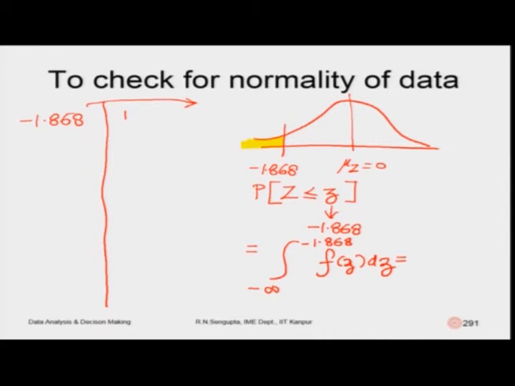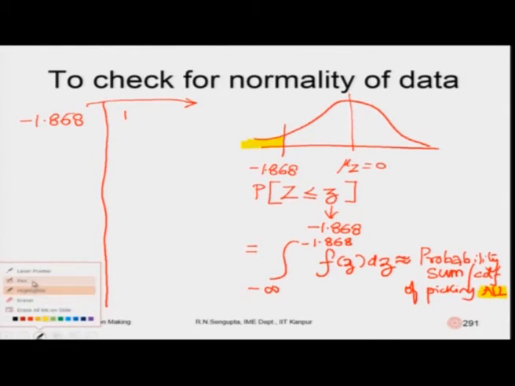That technically should be equal to the sum of the probabilities, the CDF value, of picking all numbers less than or equal to the least value.